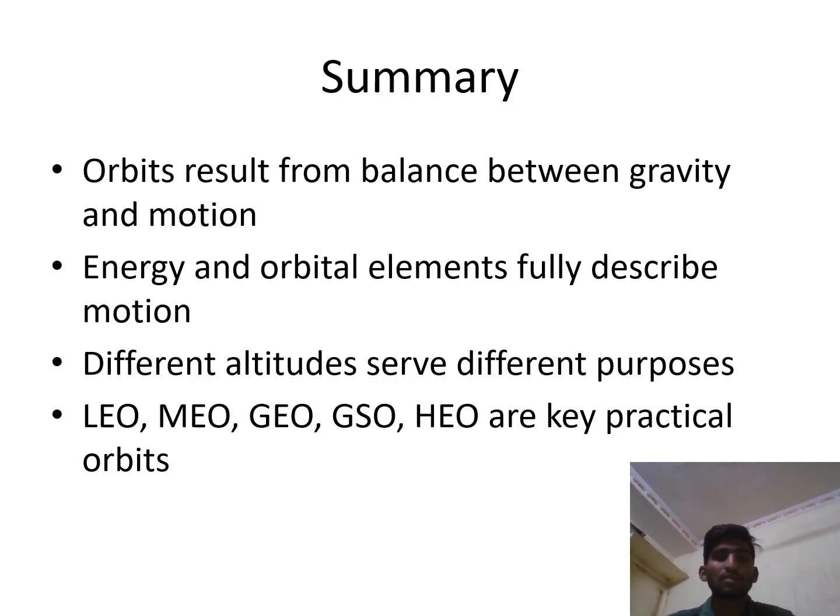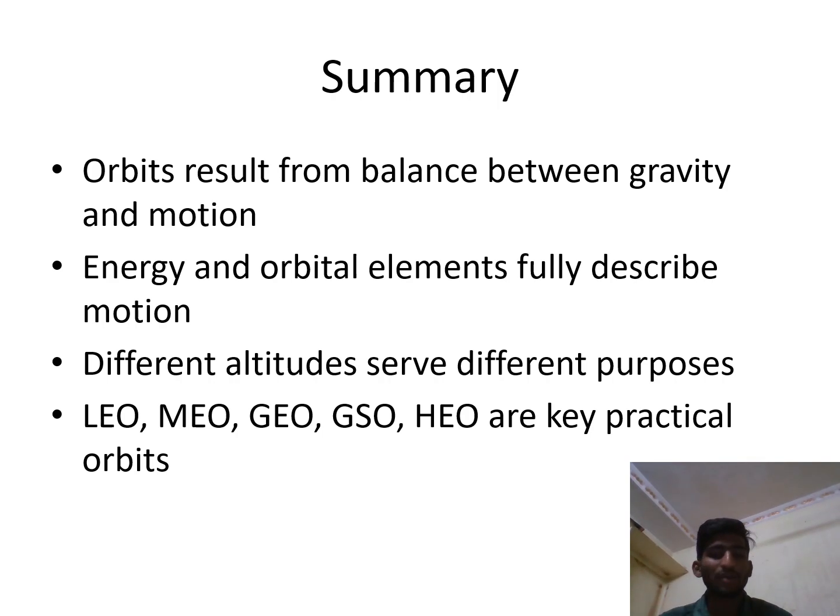Let's see the summary. An orbit results from a balance between gravity and motion. Energy and orbital elements fully describe the motion. Different altitudes serve different purposes, used in different orbits like MEO, GEO, HEO. We can use different parameters and different orbits for different types of satellites.